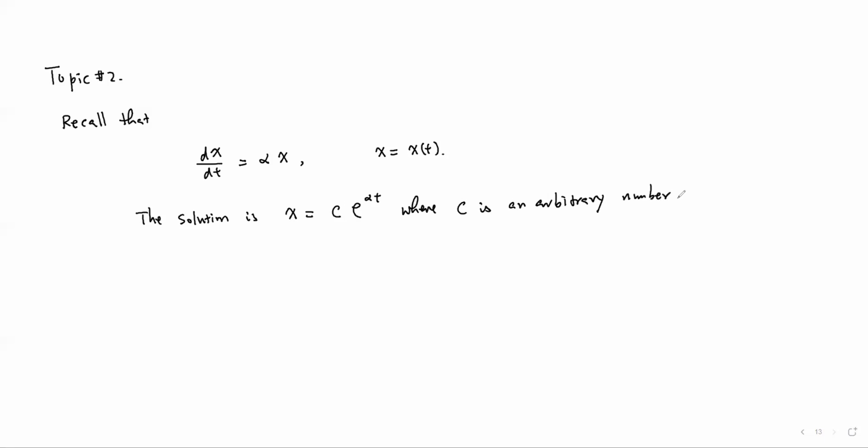How do we see this is a solution of the equation? Plug it in for x. That means take the derivative by the chain rule, then plug it into the right side. Then you will see the left side is equal to the right side. This is the solution.